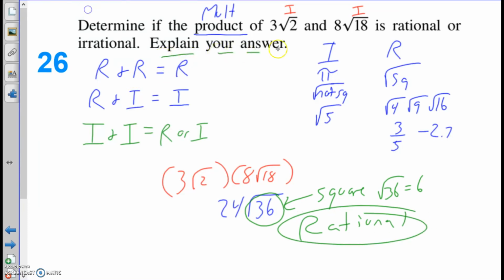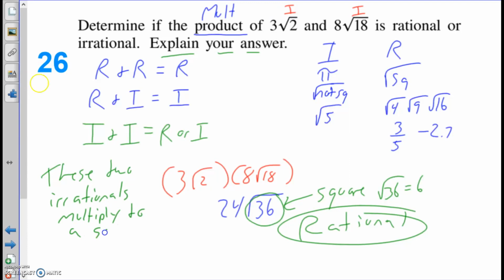Explain your answer here. I would say that these two irrationals multiply to a square radical, which is rational.